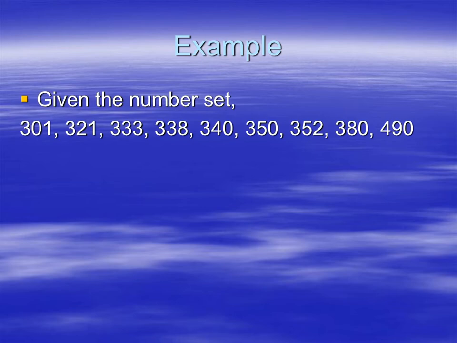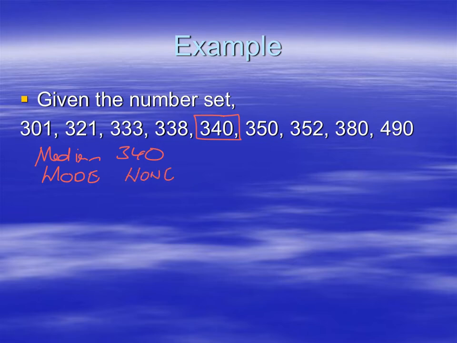Just another example of a number set. This is a little bit different set. There's 9 numbers. So in this case, for the median, there is an exact middle. That would be 340. The mode, there's none that occur more than once, so there would not be a mode. The mean, we would add these numbers up.